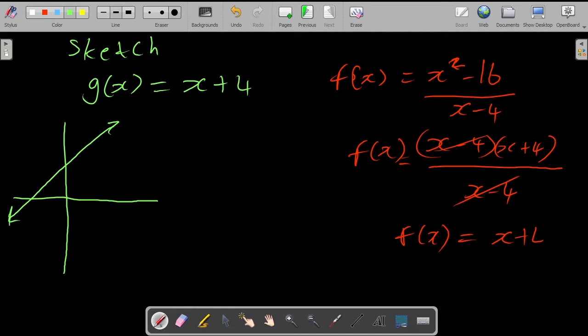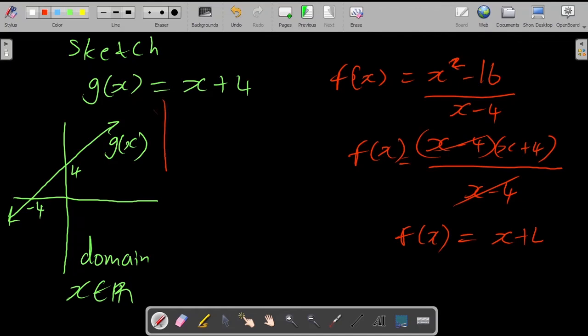And you can once again look at my series on functions if you want to revise on this. So at that point, it should cut at 4, and here it should cut at minus 4. So this is our g of x, right? So that is perfectly fine. And this is defined everywhere. If we were to talk about the domain of this function, it's basically defined everywhere, right?